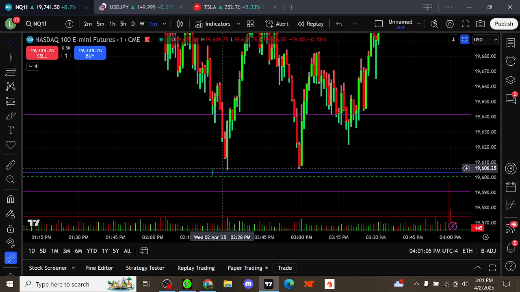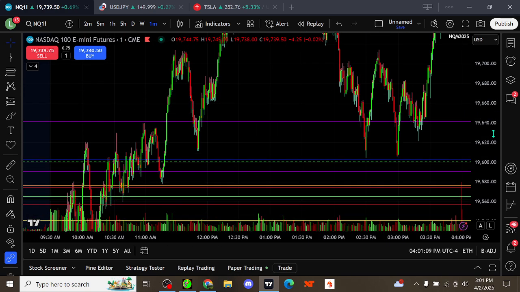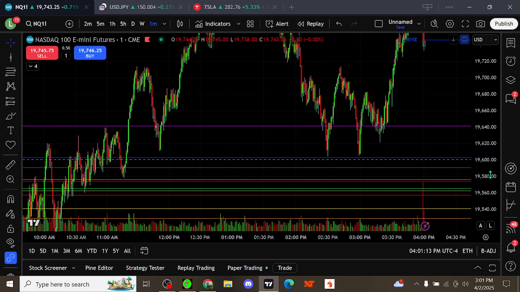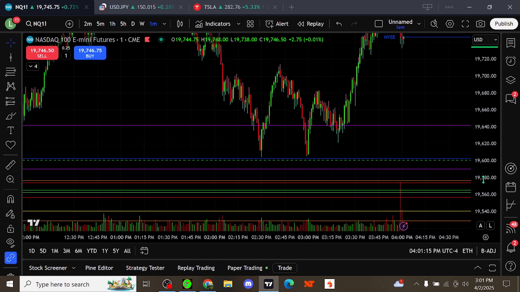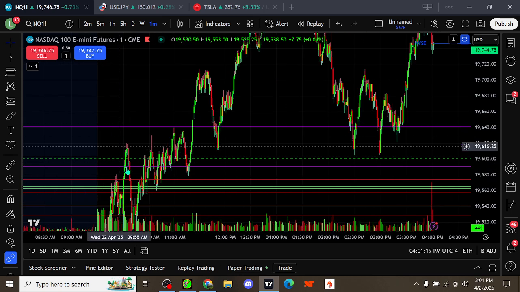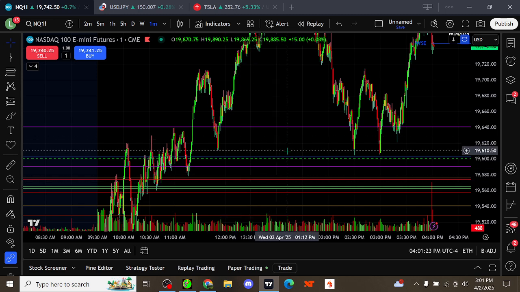So there's a lot of liquidity there, meaning there are resting orders. Even though price has gone through that level several times, people are going to adjust their orders. Because there was liquidity there before, every time it goes to that area, it's going to manipulate it for at least a little while.